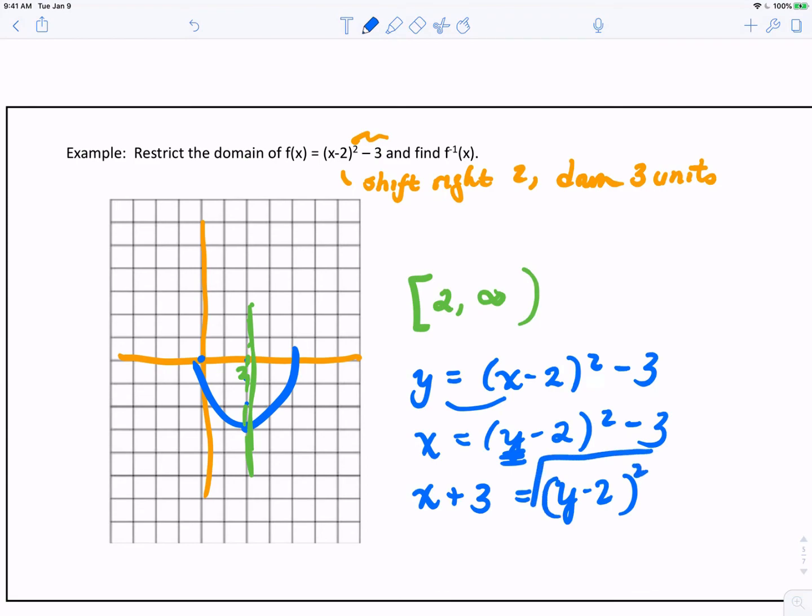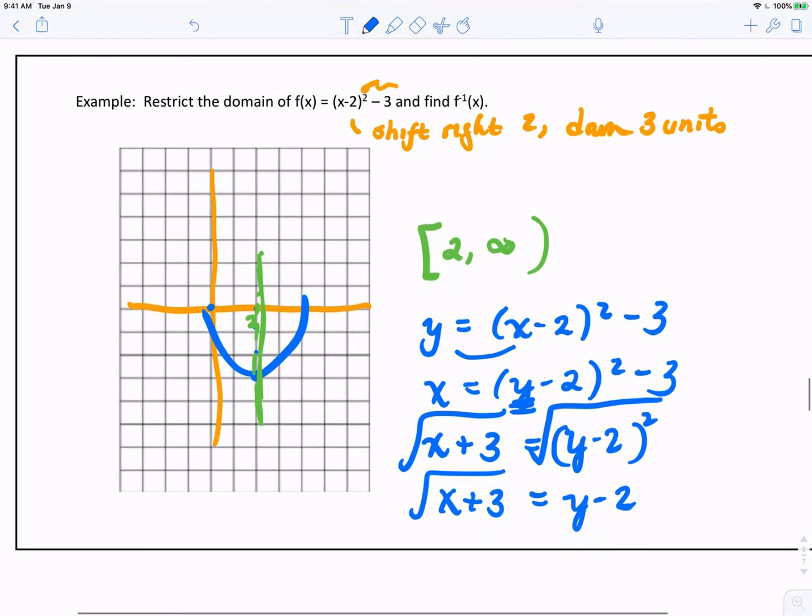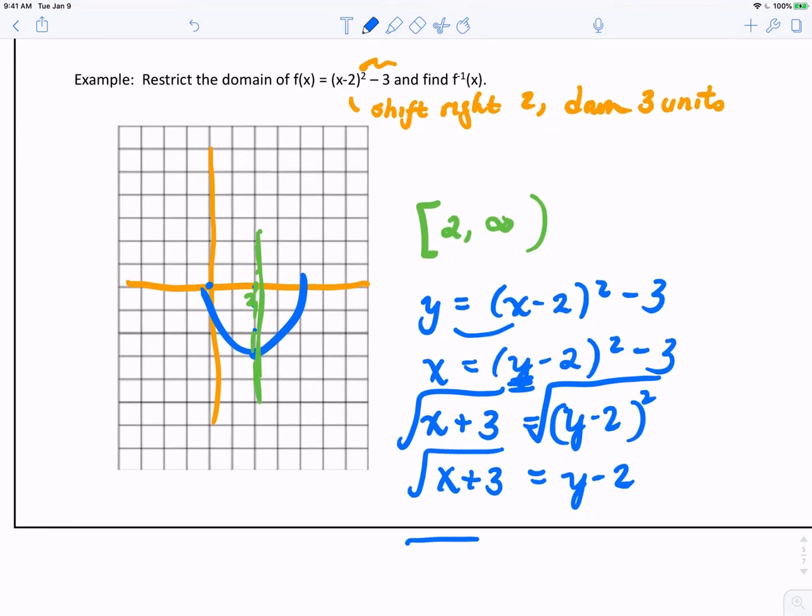The opposite of a square is a square root. So now we have the square root of x plus 3 is equal to y minus 2. And the finishing touch, add 2 to each side. So the square root of x plus 3, plus 2, is y. In other words, the inverse function.